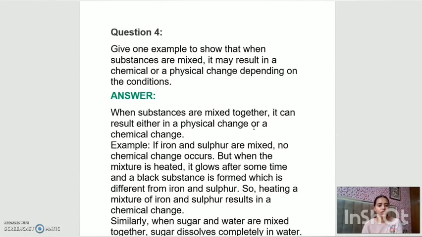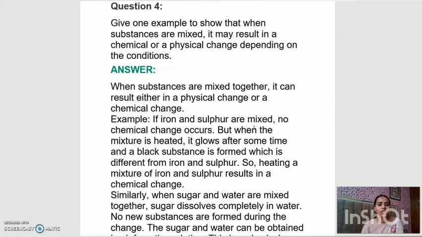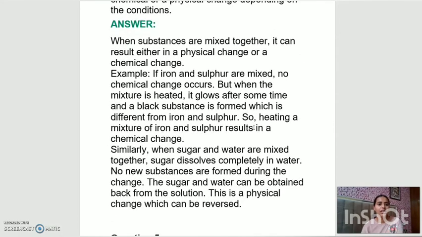What does question 4 say? Question 4 is: give one example to show that when substances are mixed, it may result in a chemical or physical change. So student, as you can see, a whole chapter is about physical change, chemical change, reversible, irreversible. That's what our chapter is, right? So the example is when substances are mixed together, it can result in either a physical or chemical change.